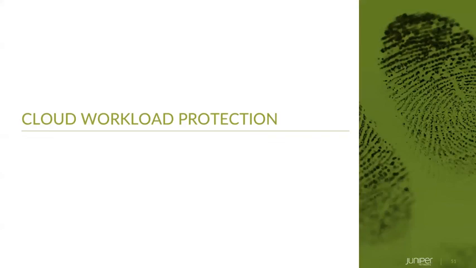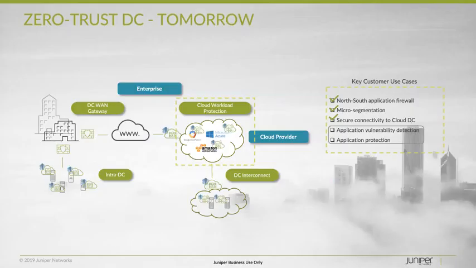Last but not least, I will do a very quick overview of the cloud workload protection. Now, this is once again the OEM of K2, so you can find some information if you Google on juniper.net. But what we add with this one, as it says here in the slide, is application protection and application vulnerability detection.